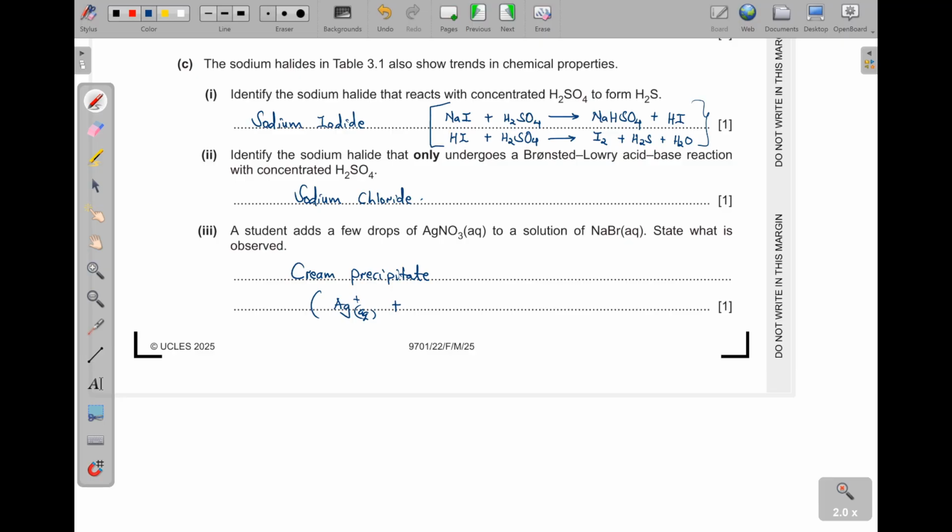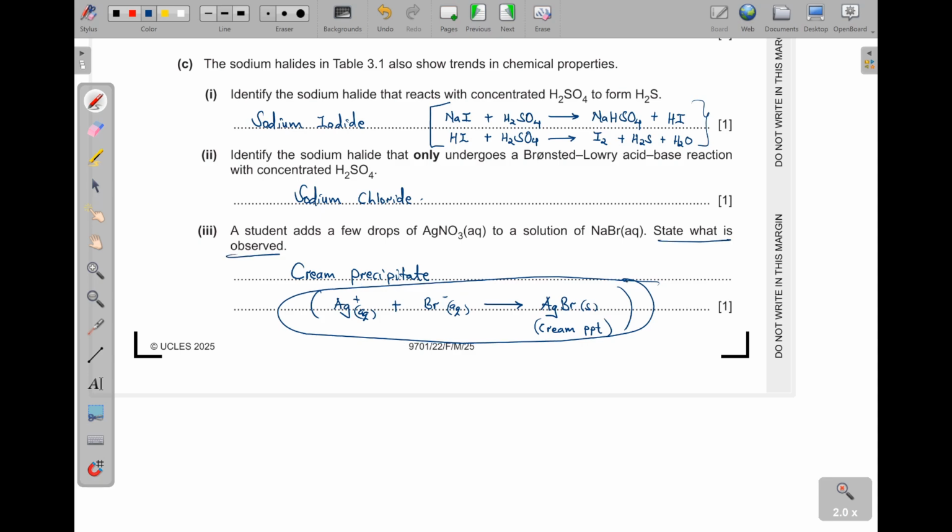Then from this one, we shall have the bromide ions. Then when they come together, they form silver bromide, which is a solid, and that is the cream precipitate. In the exam, you don't need to write this equation. You just need to write the observation. Me, I'm doing everything just to show you where things are coming from.